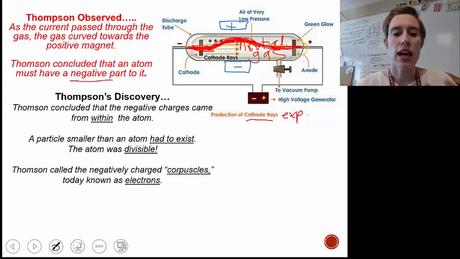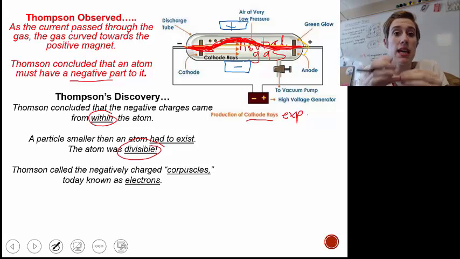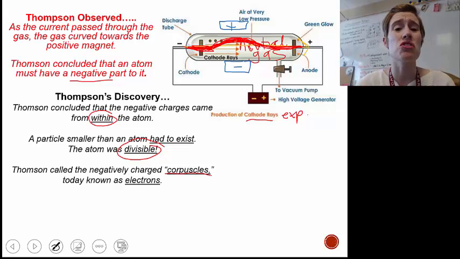He said there are negative particles inside the atom, which means the atom was divisible. If there's a smaller part inside of an atom, that means the atom's made of parts. He called them corpuscles, which is like the worst name I've ever heard, which is why we did not keep it, and we changed the name to electrons. So Thompson basically discovered electrons.